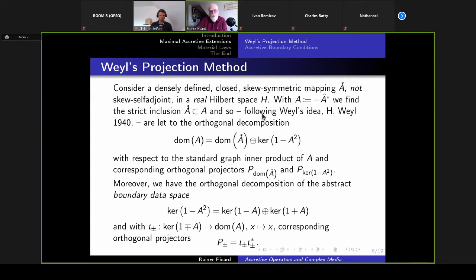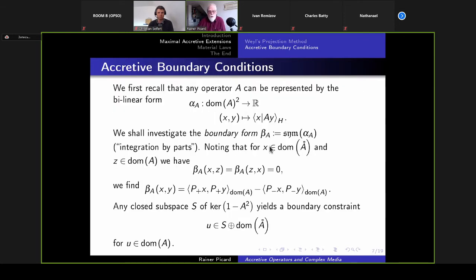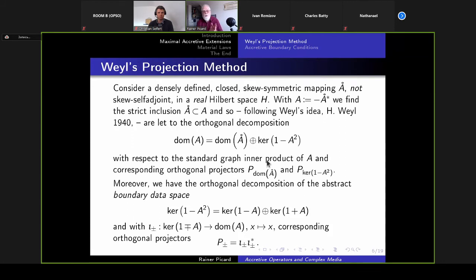So following an idea by Hermann Weyl from 1940, we do an orthogonal decomposition now of the domain of A, which according to this contains the domain of A circ. And then we take the orthocomplement. The norm of the domain of A is of course the standard graph inner product of A. And so this is an orthogonal decomposition in this spirit.